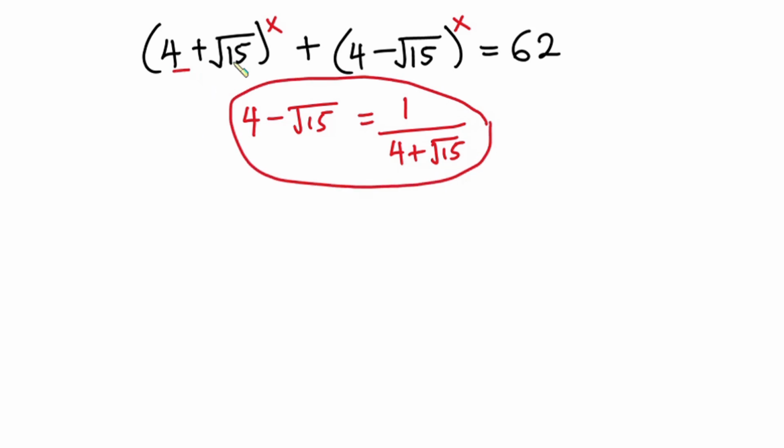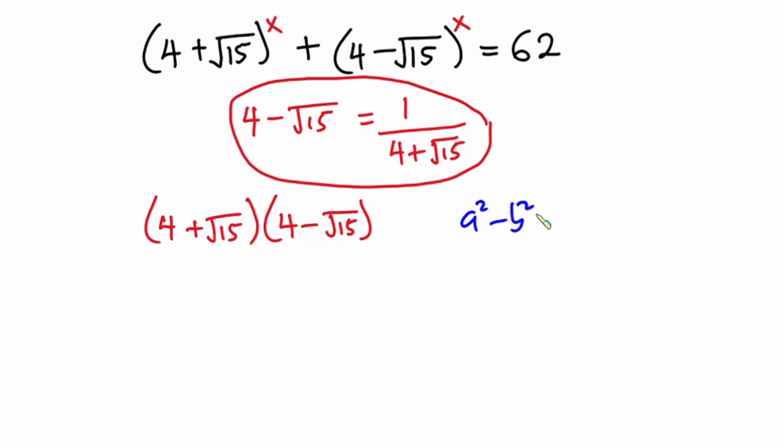If I multiply the whole of this by this one, we have (4 + √15) times (4 − √15). Now from algebraic identities, a squared minus b squared is the same as (a + b) times (a − b).